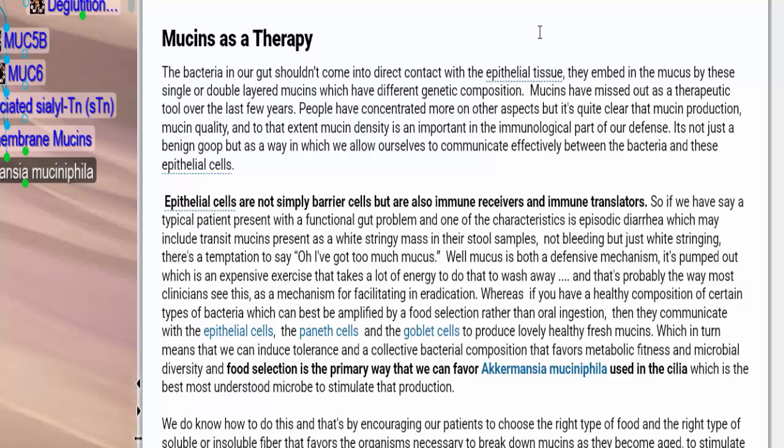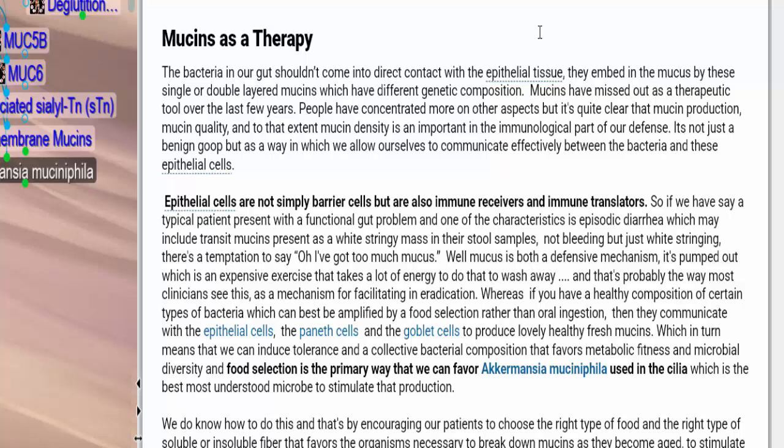There's a temptation to say, oh, I've got too much mucus. Well, mucus is both a defense mechanism. It's pumped out, which is an expensive exercise that takes a lot of energy to do. It takes a lot of energy to wash it away. And that's probably the way most clinicians see this, as a mechanism for facilitating an eradication.